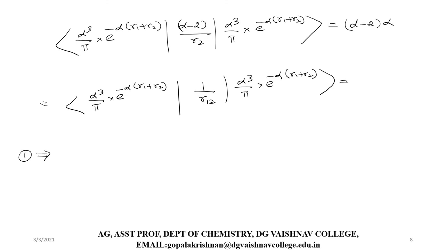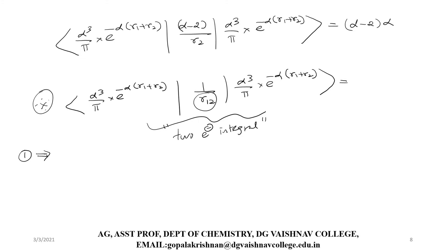This last integral is very special. Why is it very special? Because this r is the distance between the two electrons. So this integral is a 2 electron integral, and we have a separate method to handle this type of 2 electron integral.